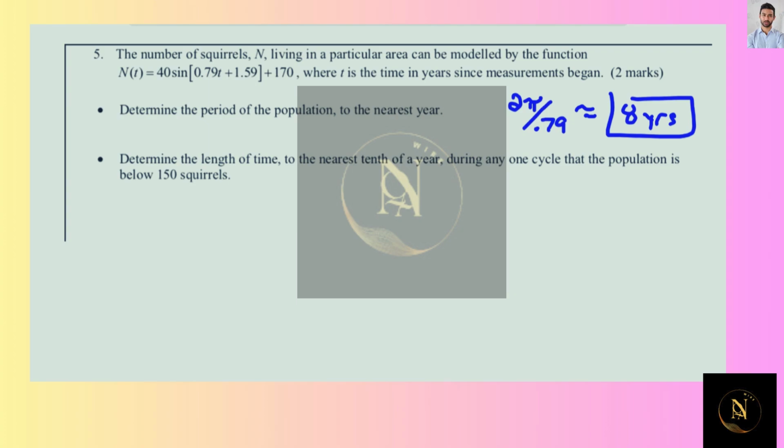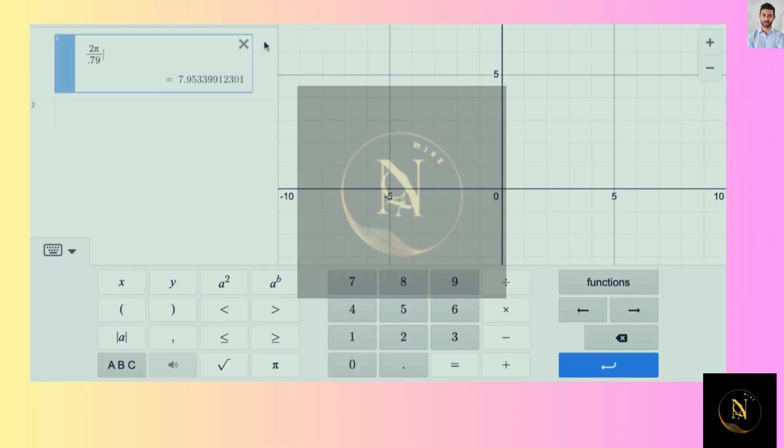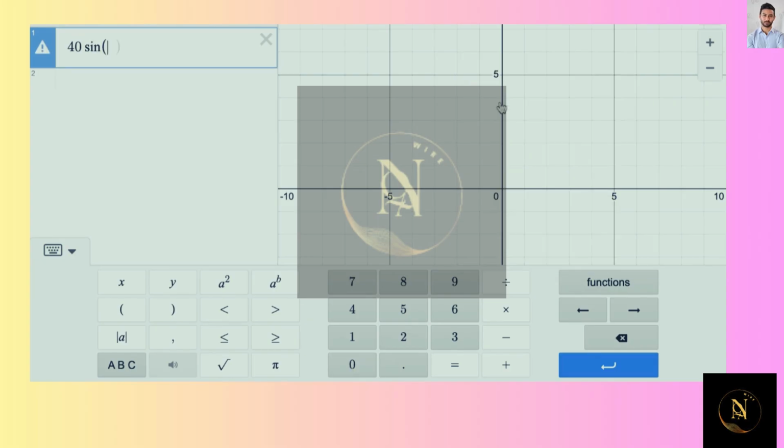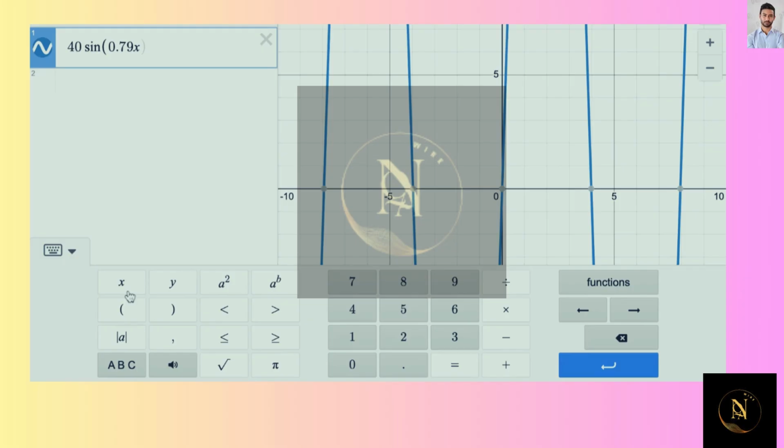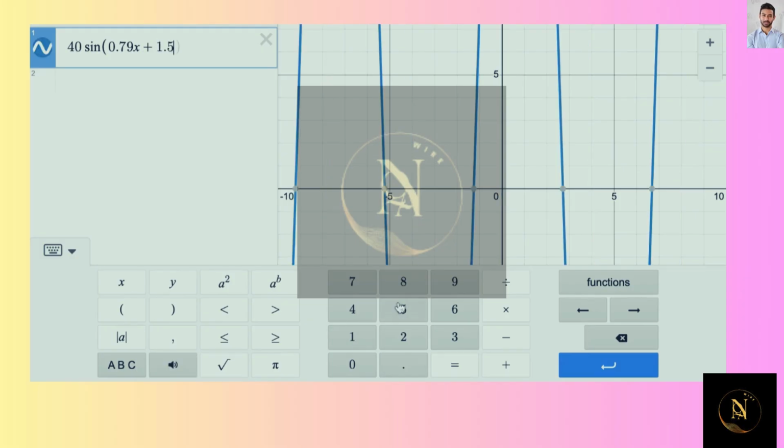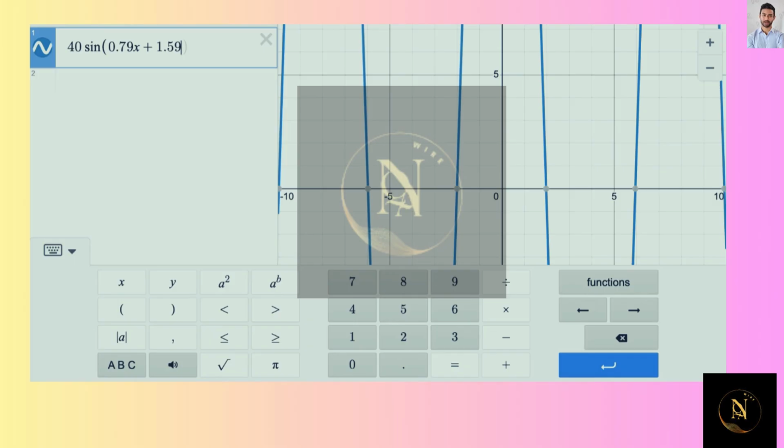Determine the length of time to the nearest tenth of a year during any one cycle that the population is below 150 squirrels. So let's graph this. 40 sine of 0.79, I'm going to use x instead of t, plus 1.59, plus 170.